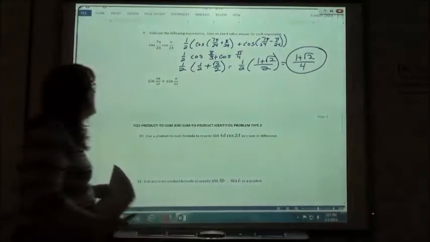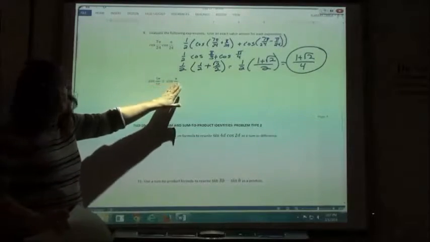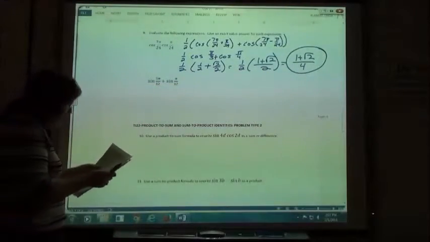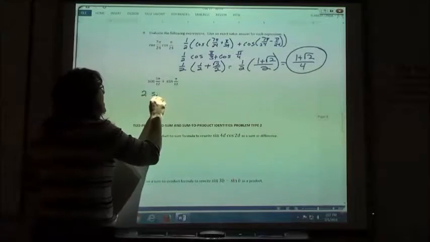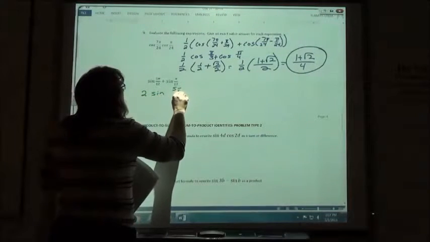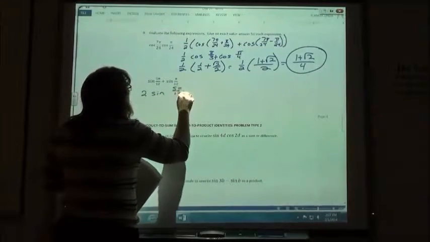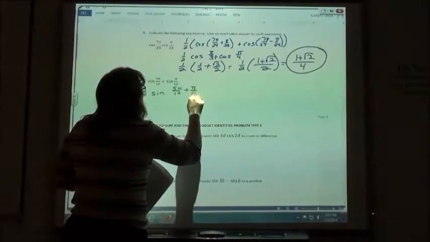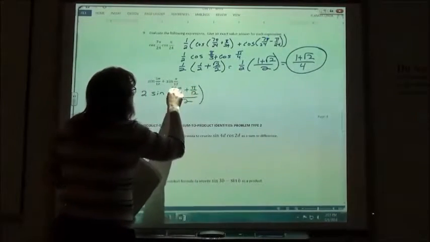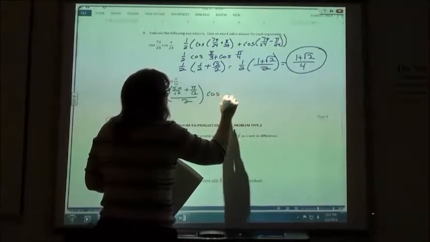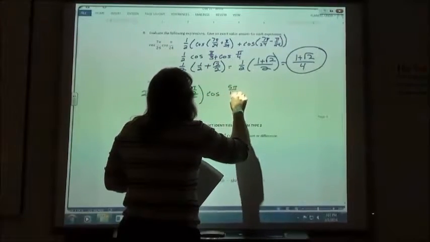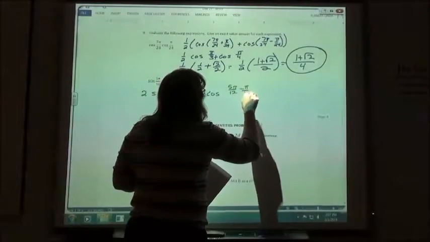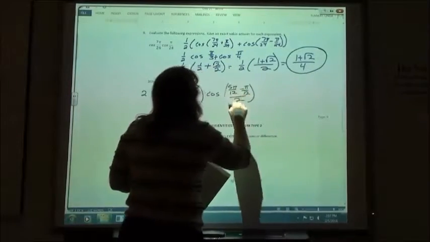And the second part of that, we have a sine plus a sine. So if I look up my formula, I'm going to have 2 sine of 5 pi over 12 plus pi over 12, all divided by 2, and then cosine of 5 pi over 12 minus pi over 12, again divided by 2.